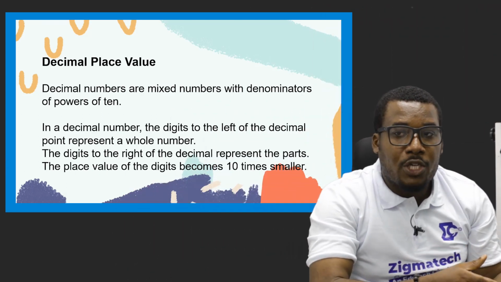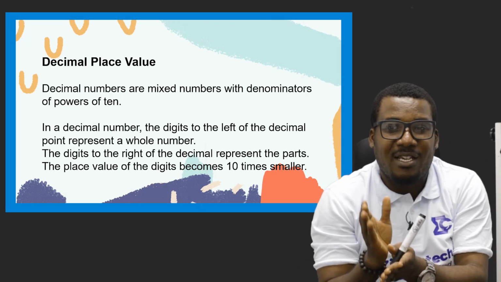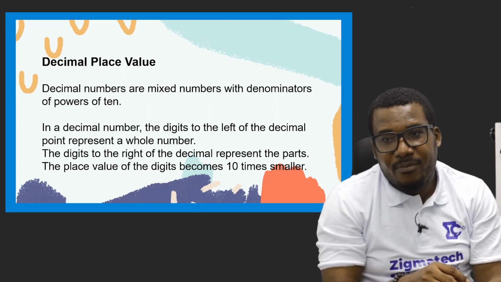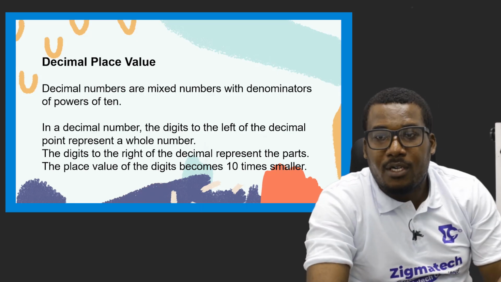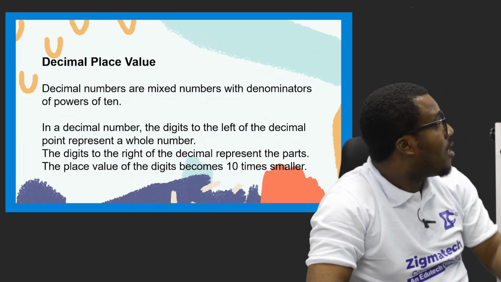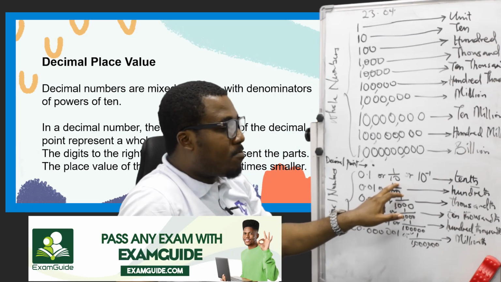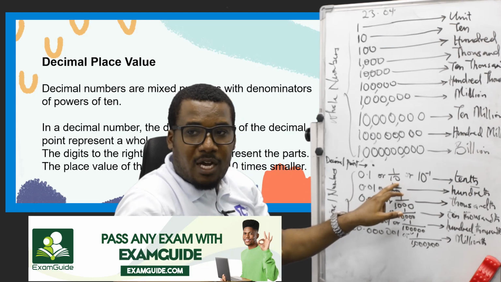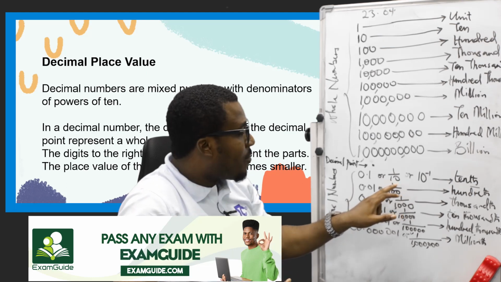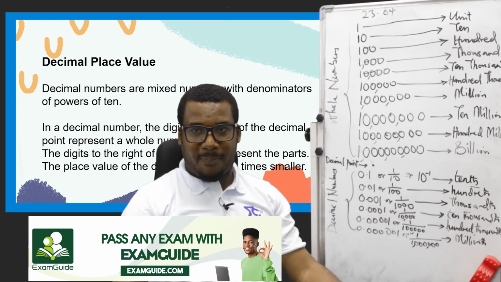So one is a whole, is complete. The other one is in parts, is in pieces. The place value of digits becomes 10 times smaller. In terms of the decimal place value, it becomes 10 times smaller. So that's some facts about decimal place value.